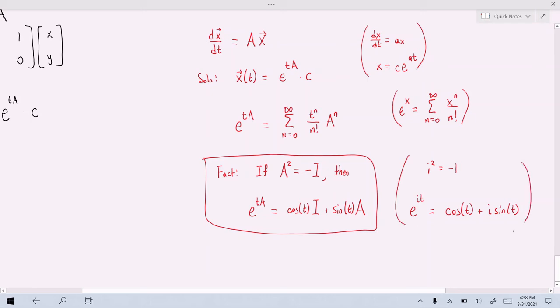So this formula is somewhat analogous to that one. You have A squared equaling negative identity, which is reminiscent of i squared being -1, and then a formula similar to Euler's formula for complex numbers.